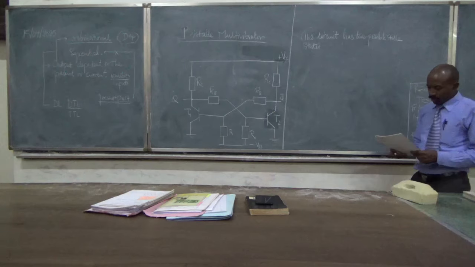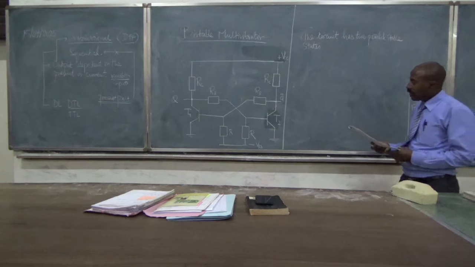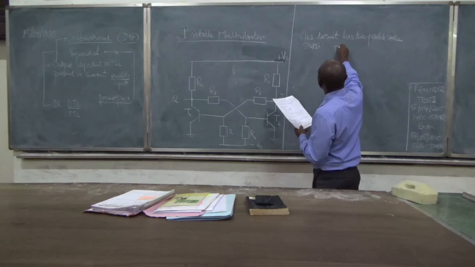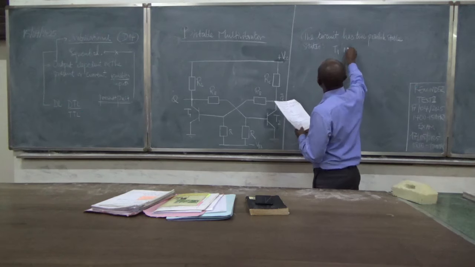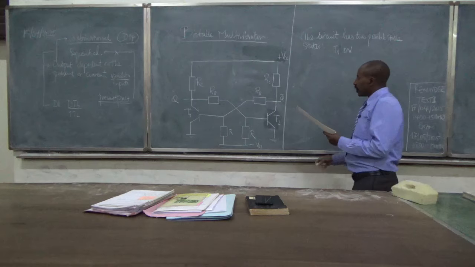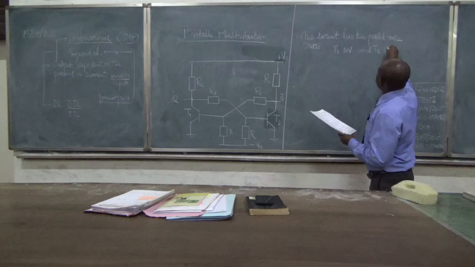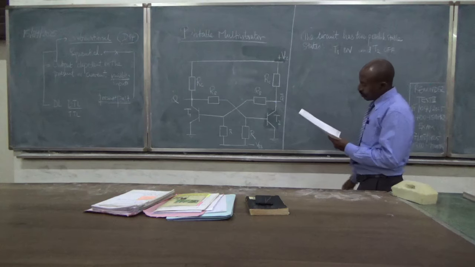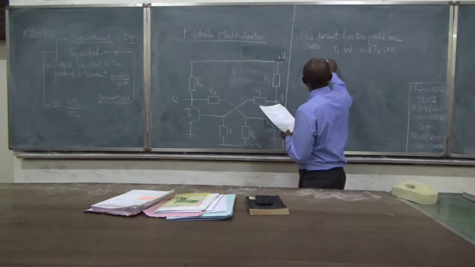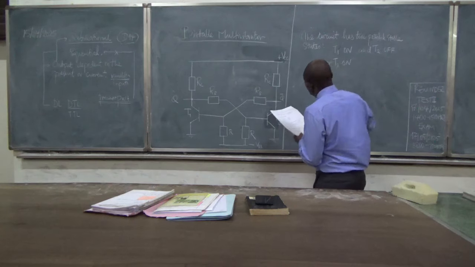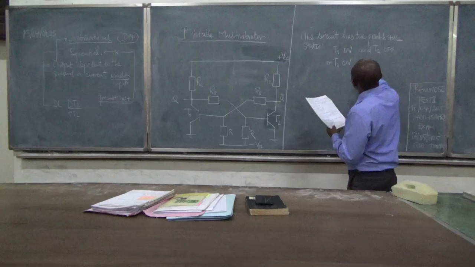These two possible steady states are that when we have T1 on, then T2 is off. And when we have T2 on, T1 is off.